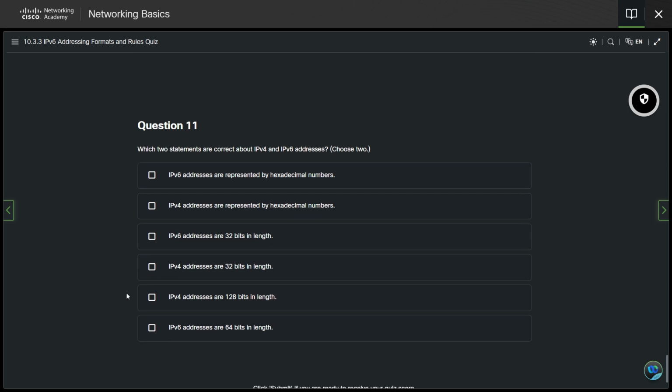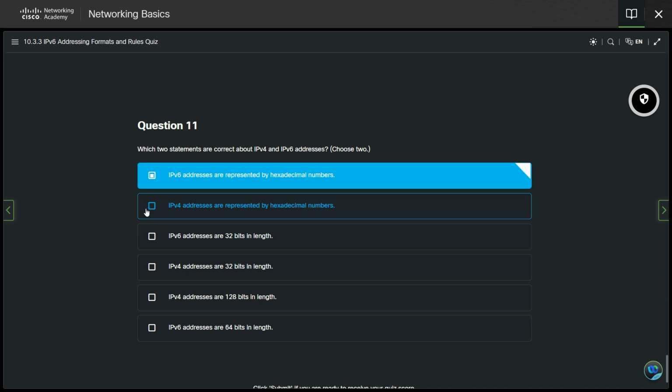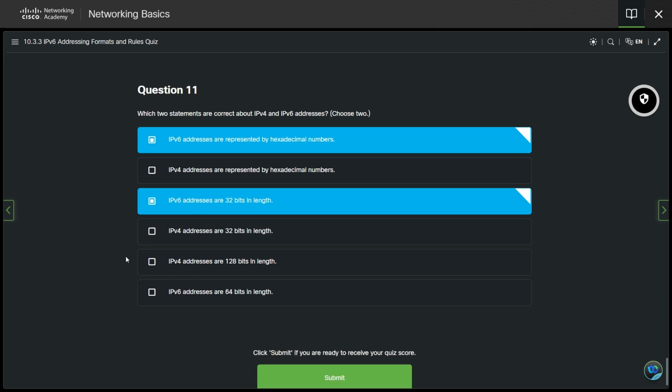And question 11. Which two statements are correct about IPv4 and IPv6 addresses? Choice 2: IPv6 addresses are represented by hexadecimal numbers. IPv4 addresses are represented by hexadecimal numbers. IPv6 addresses are 32 bits in length. IPv4 addresses, okay, I think it is this.